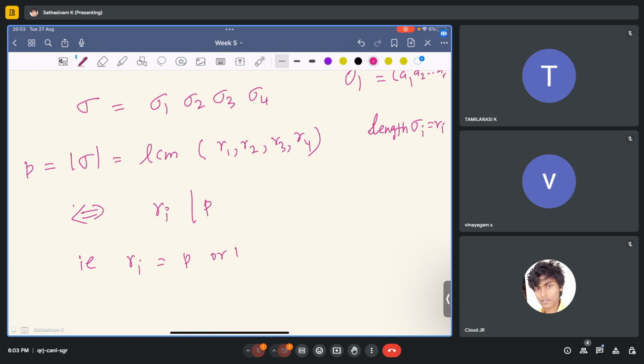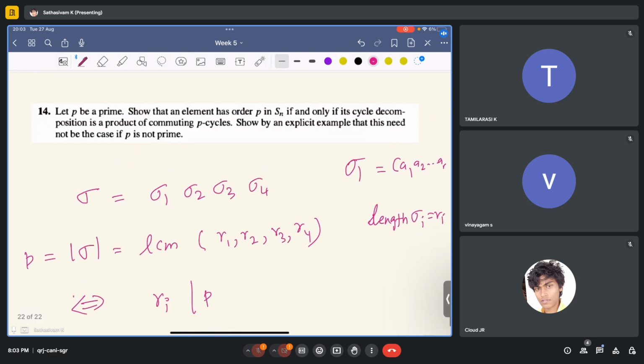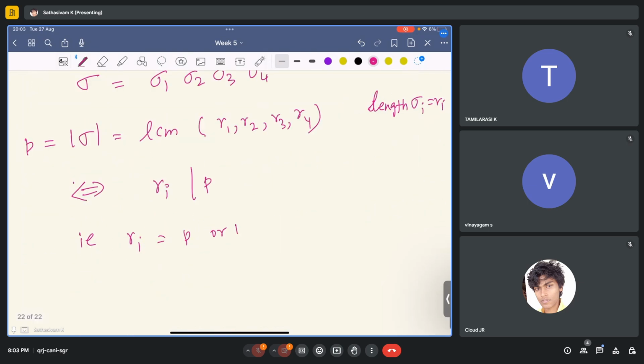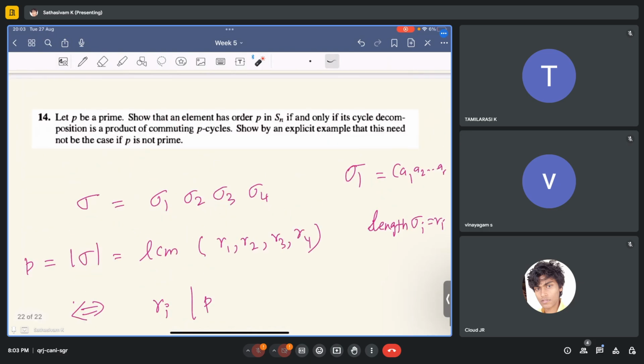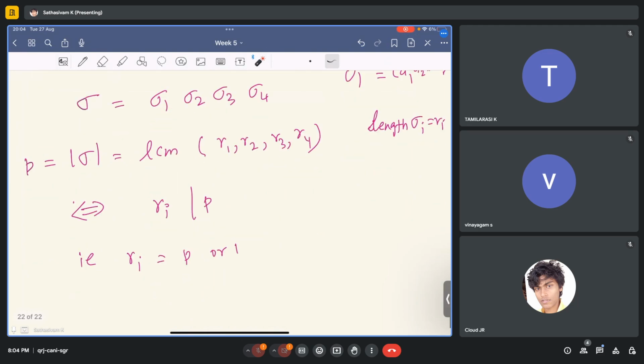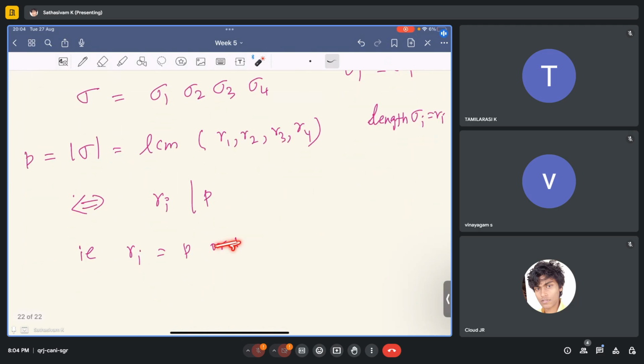We usually do not write the 1-cycles when we write the cyclic decomposition, so we can ignore them. The important point is that there is no 2-cycle and no 3-cycle. Only the cycle of whatever prime you have will come here.